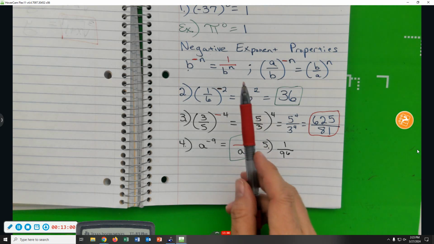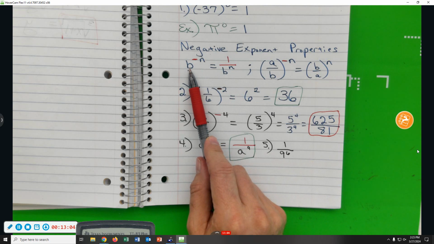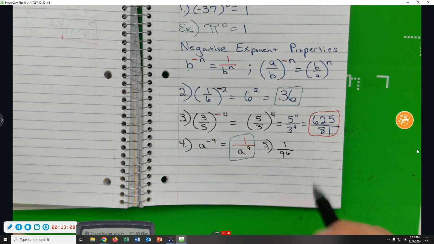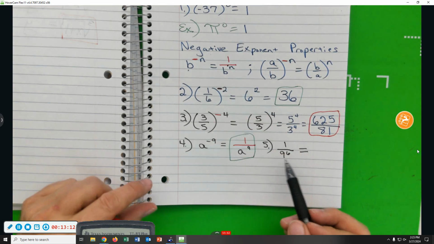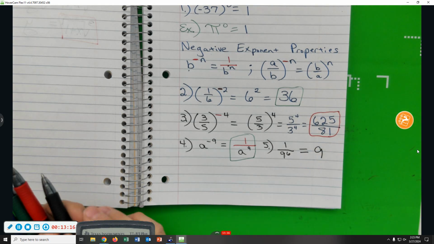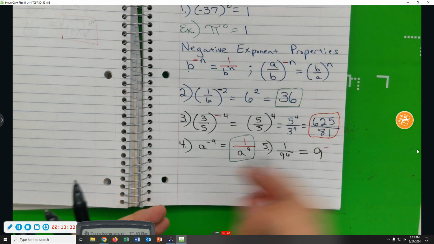We're going backwards, taking something with a positive exponent, writing it with the negative exponent. So we drop the 1 over. The base is just going to be a 9. But what's going to happen to that 6? It's going to be a negative.